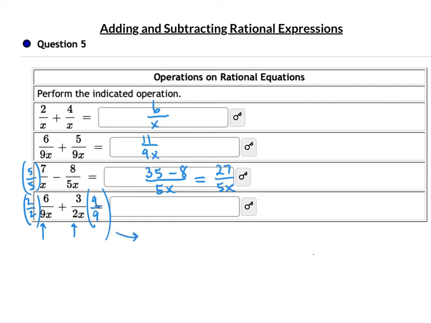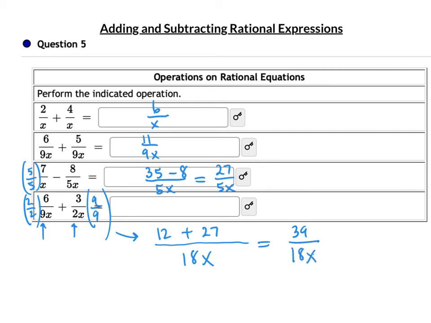I'm going to go down below with that. That'll be 12. And this is all over a common denominator of 18x. 12 plus 3 times 9 is 27. I'll simplify that numerator. I get 12 plus 27 is 39 over 18x.